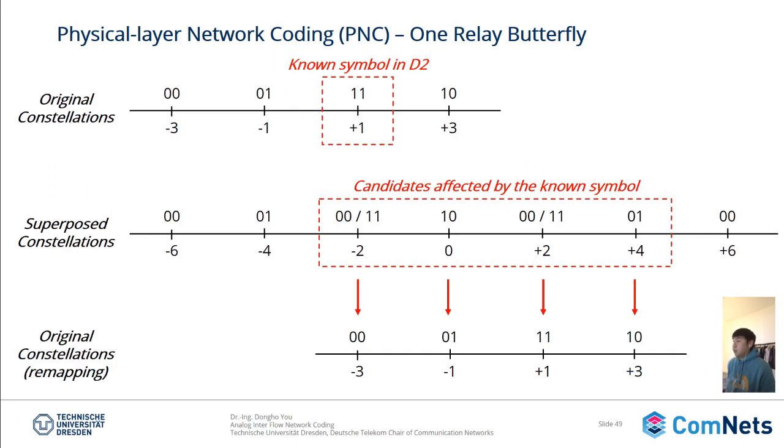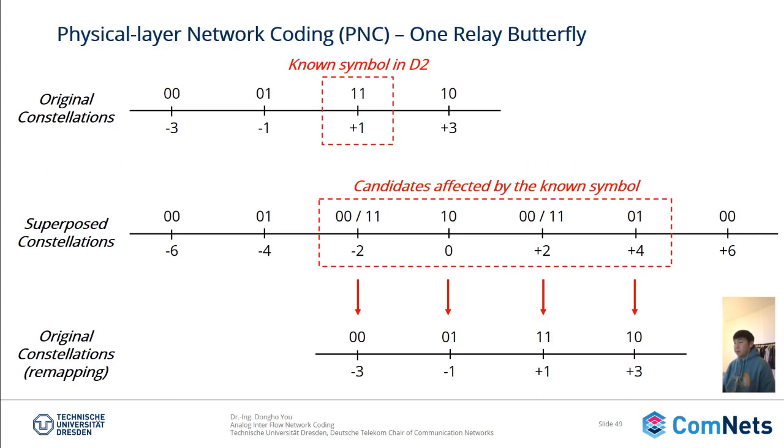Okay, let's see one example. Let's assume that S1 transmits +1 here. That is binary 11. This is not the desired signal of D2, but D2 stores it to use later. When D2 receives the superposed signal from the relay node, D2 first checks what it already has. If D2 has +1 here, only these 4 constellation points could have been transmitted by S2.